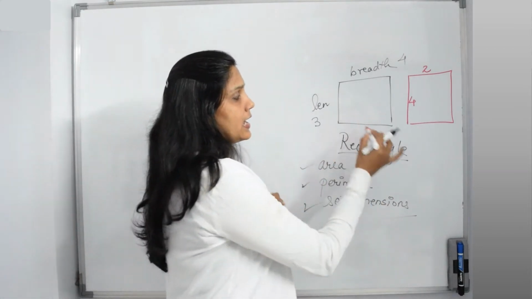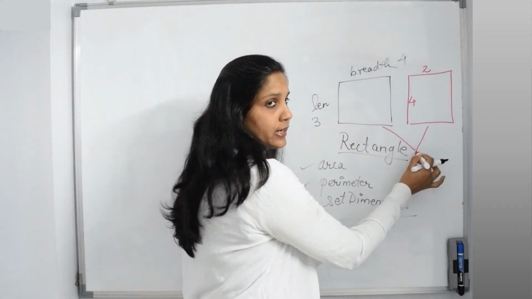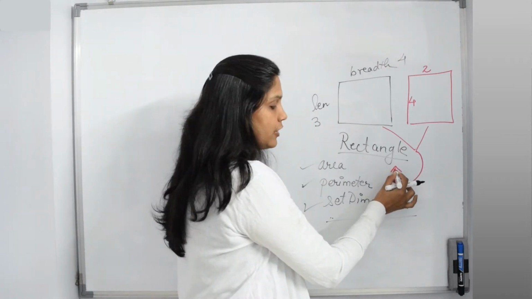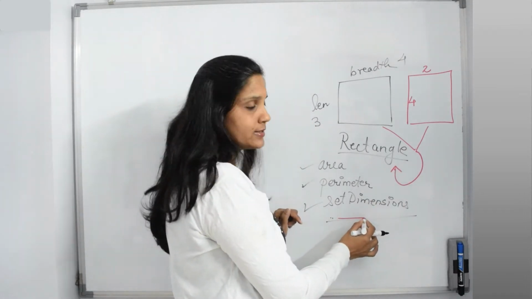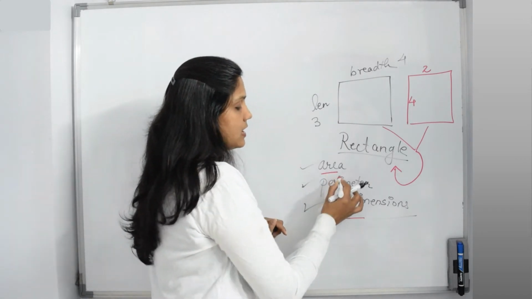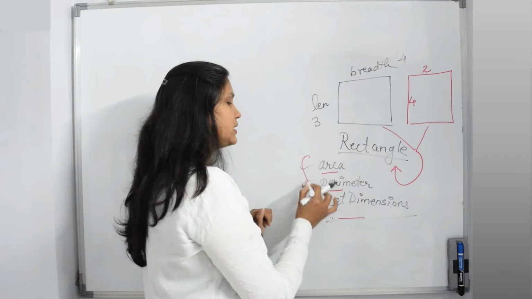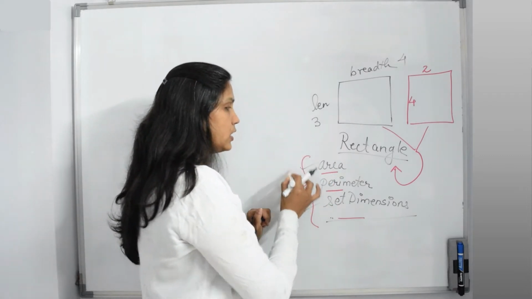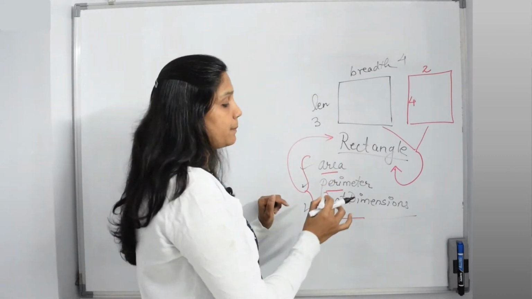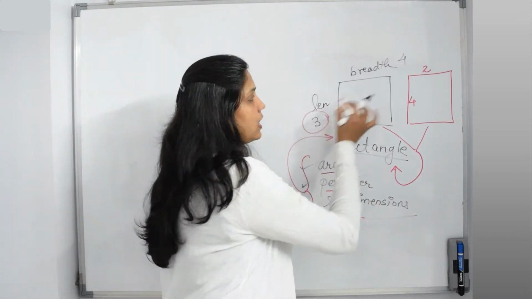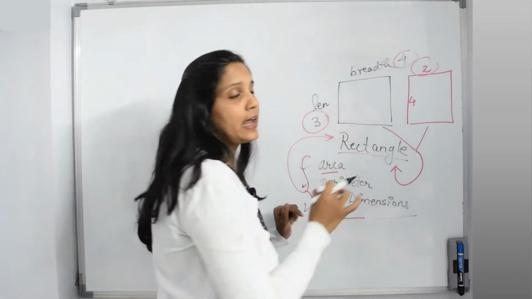Can I say I created two objects of type rectangle to which I can set dimensions, I can find area, and I can find perimeter? So can I say all these three belong to the rectangle? They provide performing operations on the data within the rectangle.